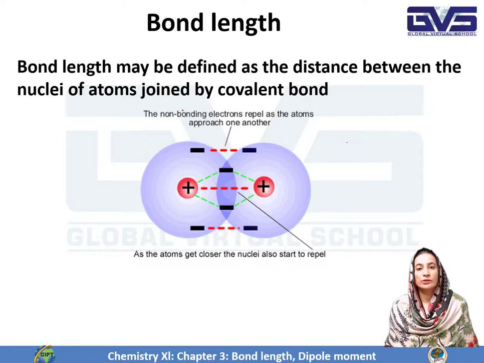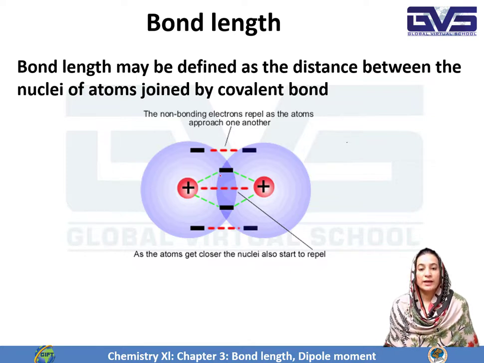When the force of attraction dominates the force of repulsion, a maximum overlap occurs, and at that stage a bond is formed. The distance between the centers of these two nuclei is called the bond length.